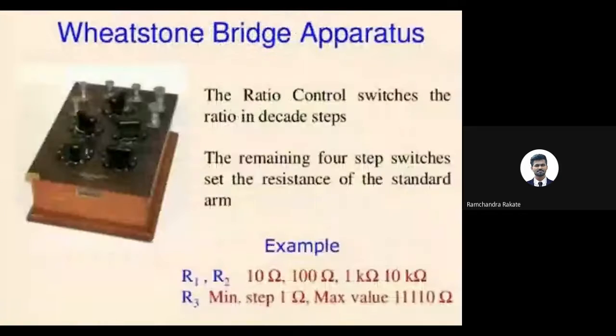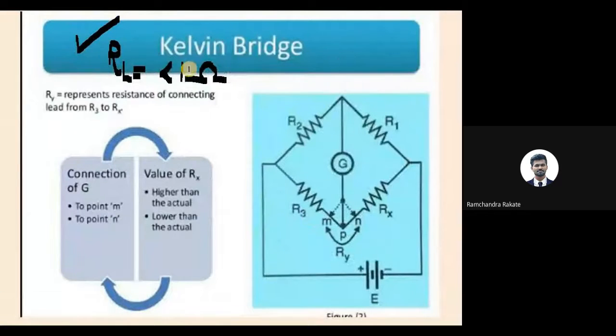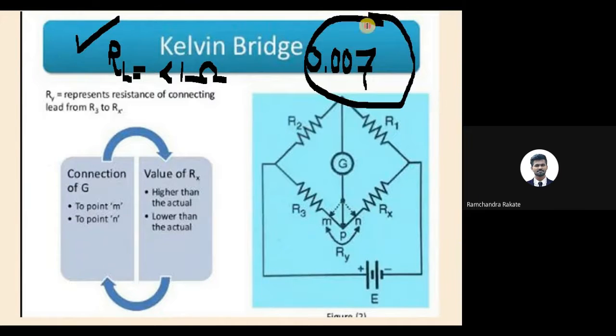Yes, it is, but I'm talking about values like 0.0007 ohm. For such measurements we need basic accuracy, and that's why we are using the Kelvin bridge.